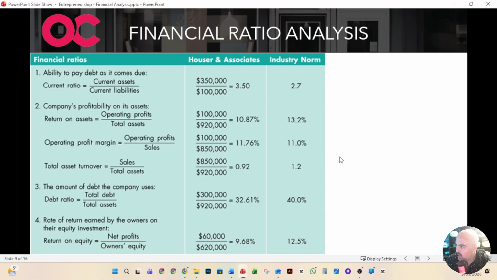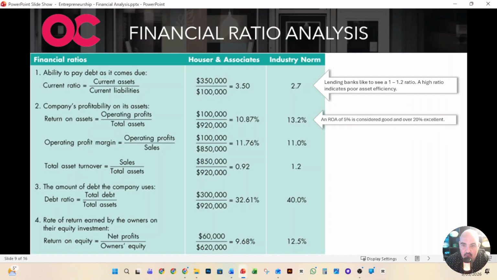Okay, a couple of examples here, guys. Current ratio, 1 to 1.2. We mentioned that already. A high ratio indicates poor asset efficiency, so we're not actually using our assets well to pay back our debts. Return on assets, 5%; over 20% is excellent. We've already seen these here, guys.